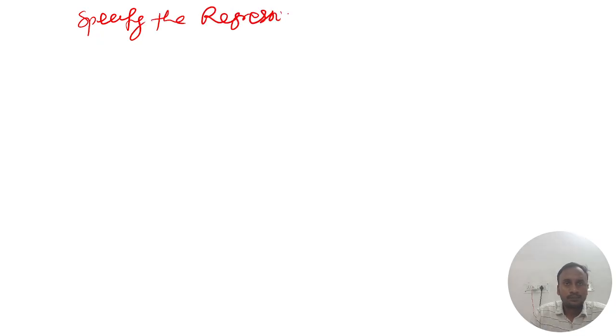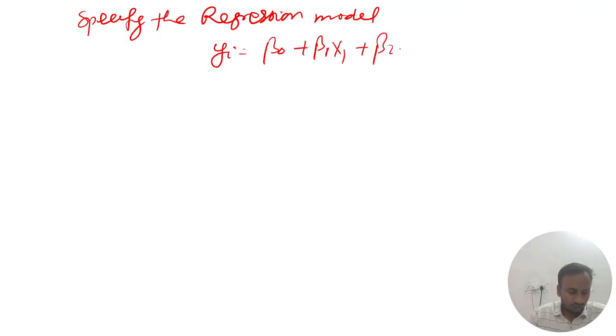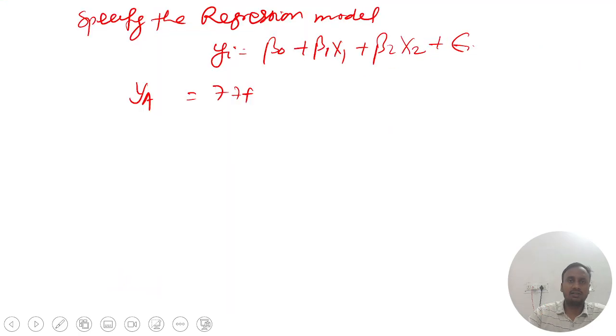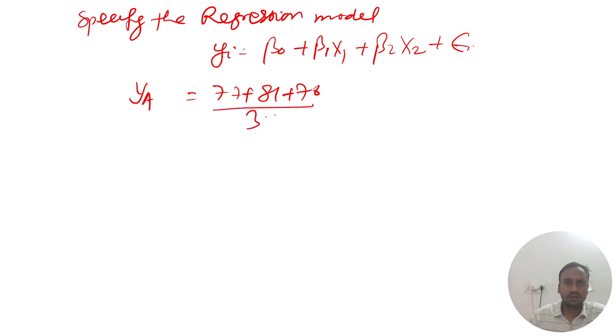So now we have to specify the regression model. What is that? Yi will become beta naught plus beta 1 x1 plus beta 2 x2 plus ei. So now we can get the means. Y bar A will be 77 plus 81 plus 76, divided by 3.